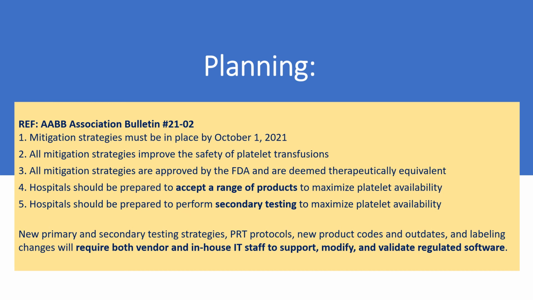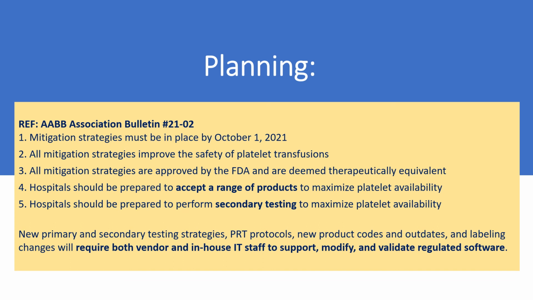All mitigation strategies are approved by the FDA and deemed therapeutically equivalent. 4. Hospitals should be prepared to accept a range of products to maximize platelet availability. 5. Hospitals should be prepared to perform secondary testing to maximize platelet availability.